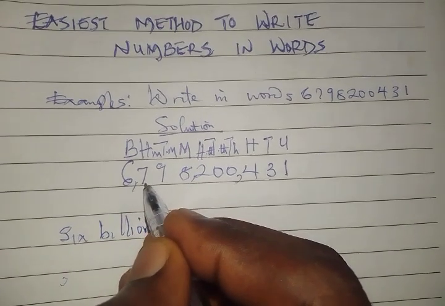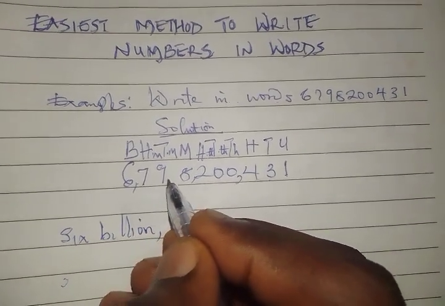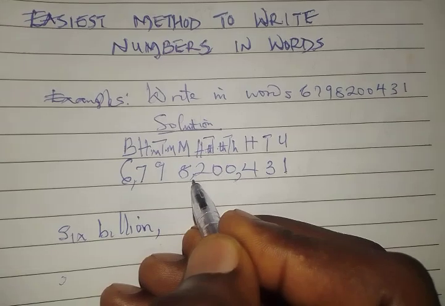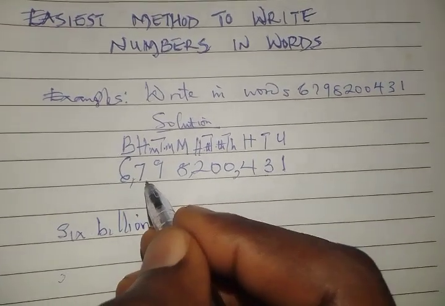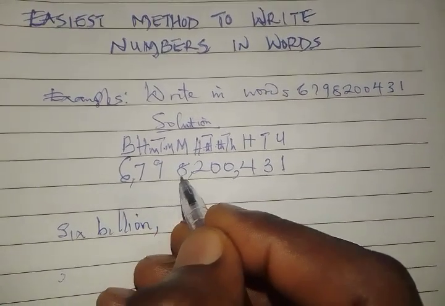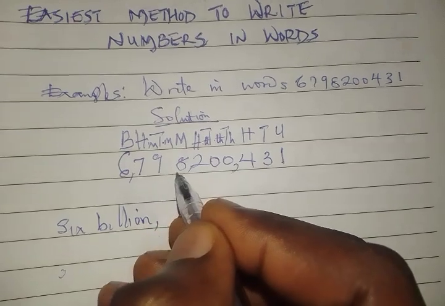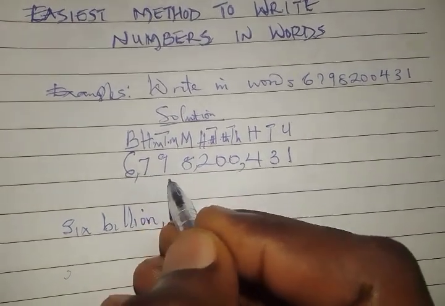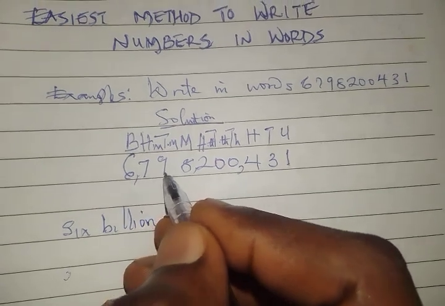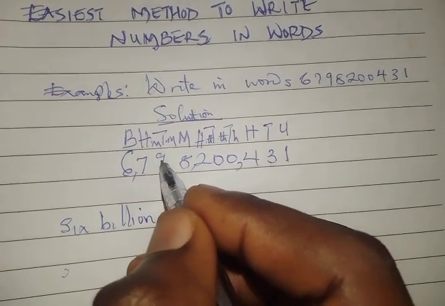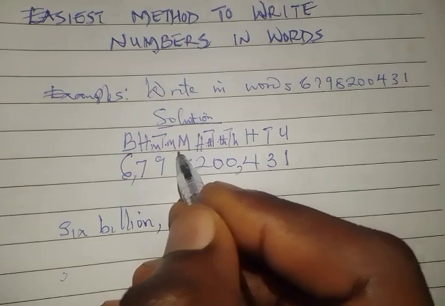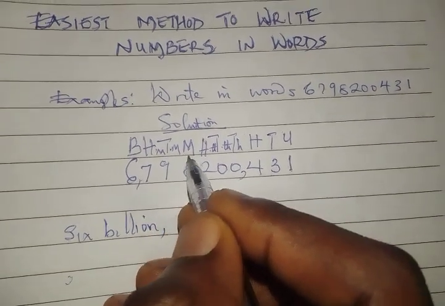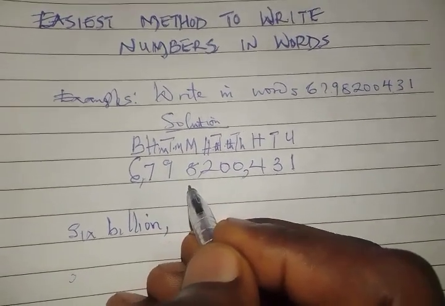Now, we have 7, there was no comma. We have 9, there is no comma. We have 8, before we then have a comma. Which means you're going to call all the numbers you have before the comma together. So what are all the numbers I have here? I have 7, 9, 8. So I'm going to call them together. That is 798.